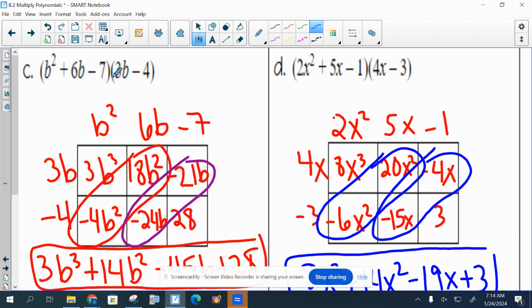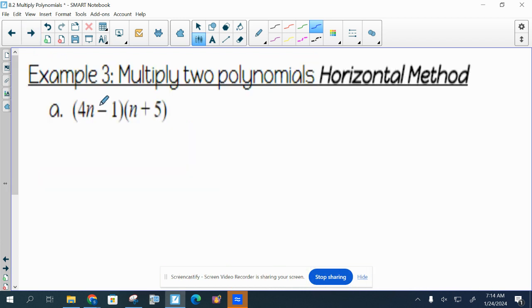So if you have 3 terms here and 2 terms here, then you have to multiply 6 times. And that's basically what we did here. We just had a box to help us separate all the terms. You don't have to use the box, though, if you don't want to. You can just draw arrows from one term to the next, denoting that you are multiplying that term by everything inside of the second polynomial.